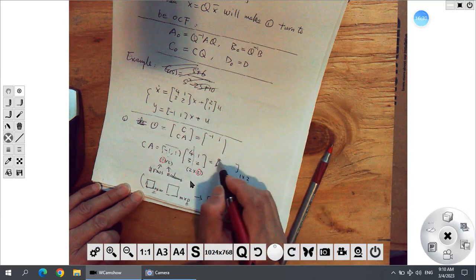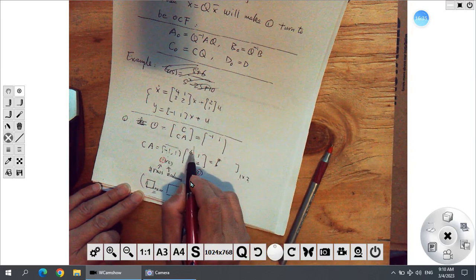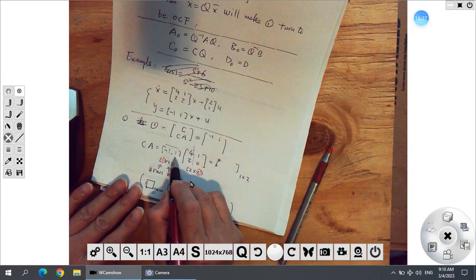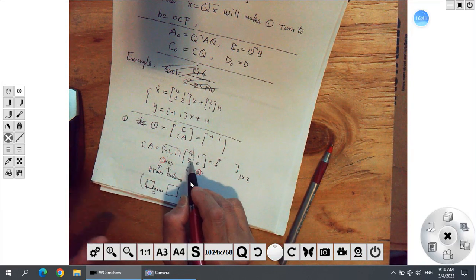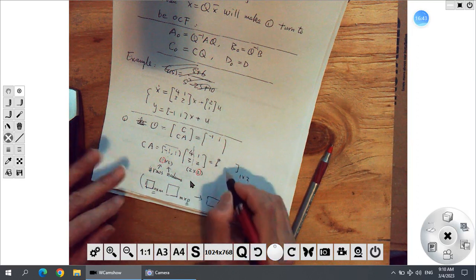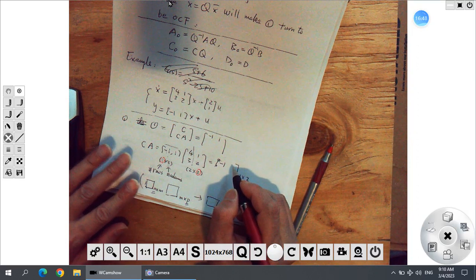So -1 times 4, I have -4, and 1 times 3, I get +3. Totally it is -4 + 3, so this is -1.